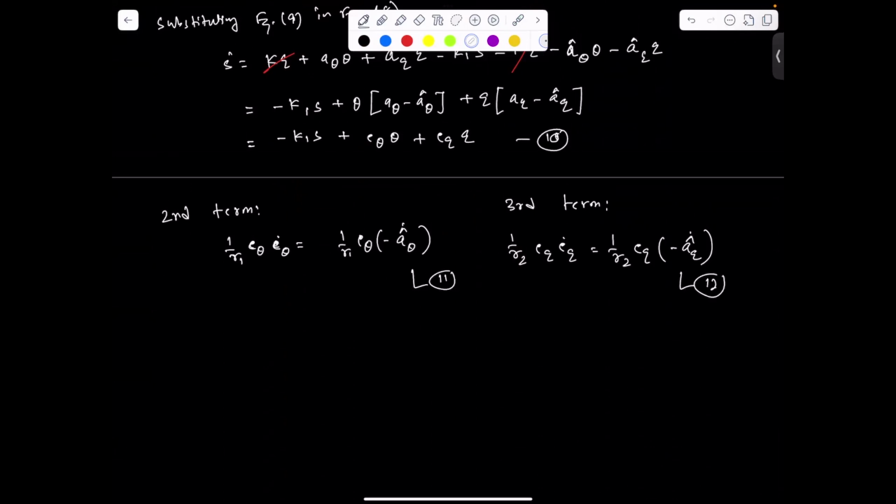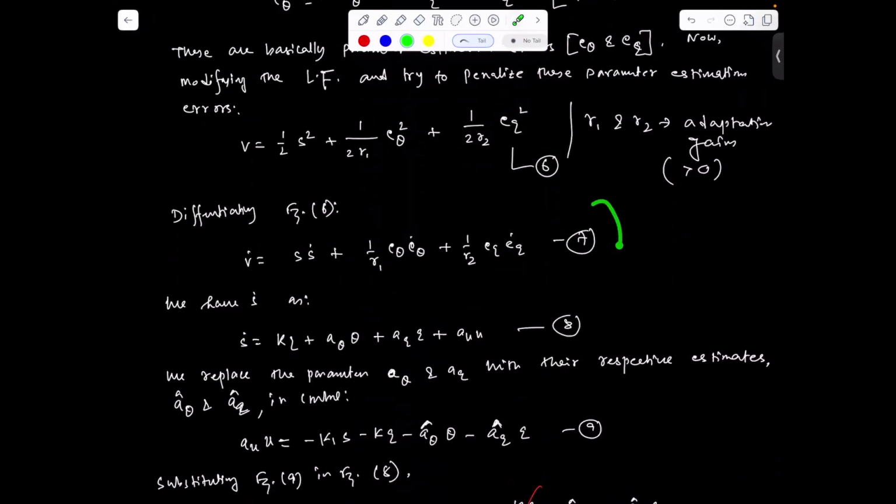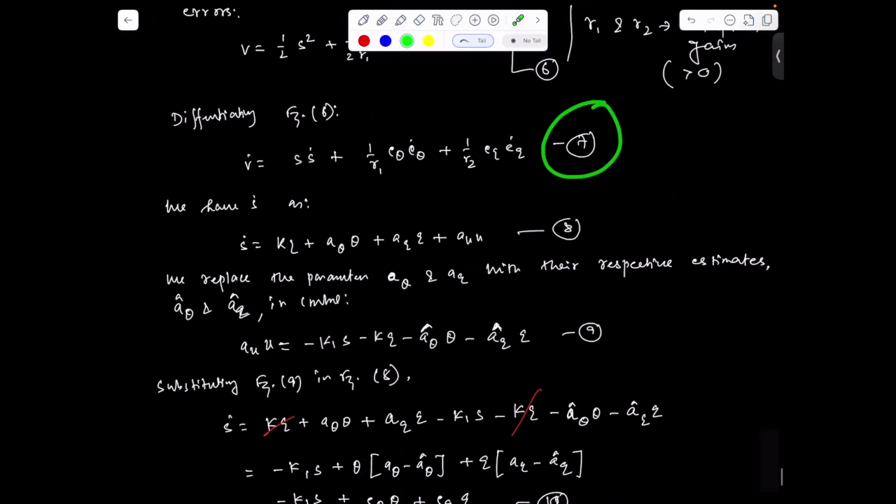Okay. So now what we're going to do is equations 10, 11 and 12, we will substitute these terms in equation 7. So let's do it.